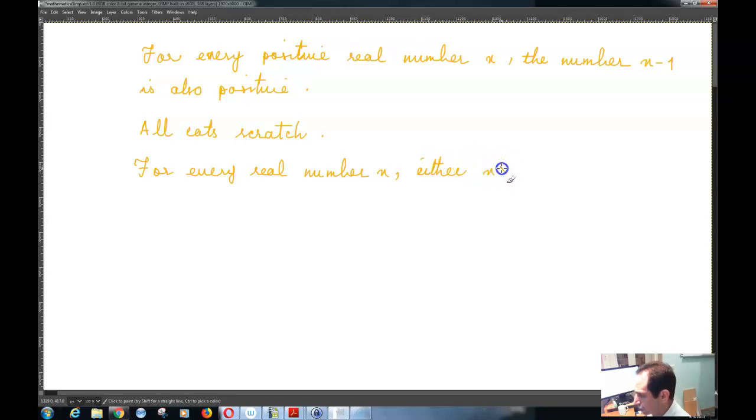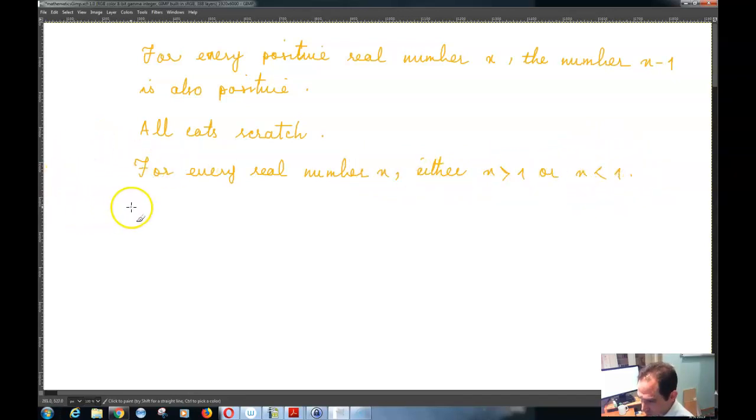To negate this, you can say that it is false that for every real number x, either x is greater than 1 or x is less than 1.